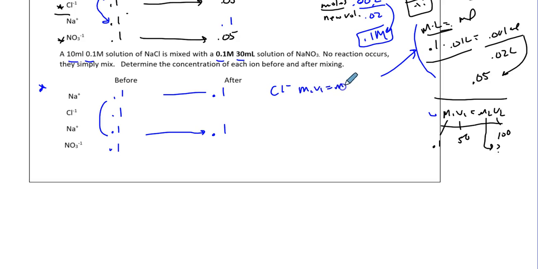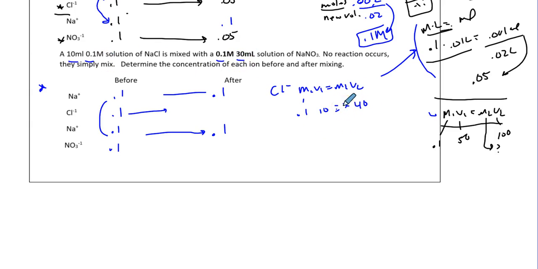M1V1 equals M2V2. M1 is, well, it's 0.1, so I'm doing this guy. Initial volume is 10 milliliters. Ending concentration is unknown. Ending volume is 30 plus 10, which is 40 milliliters.